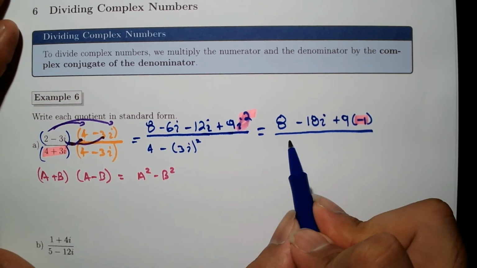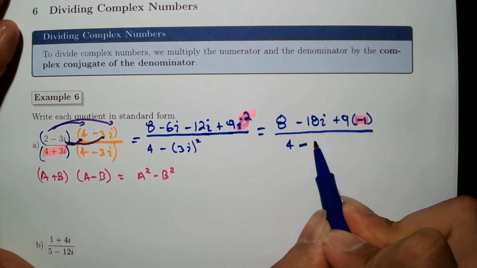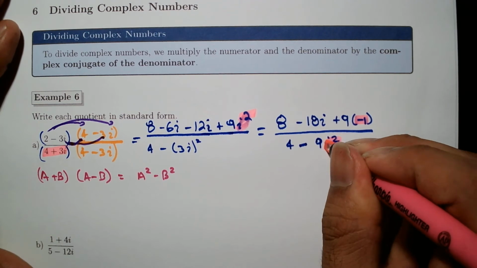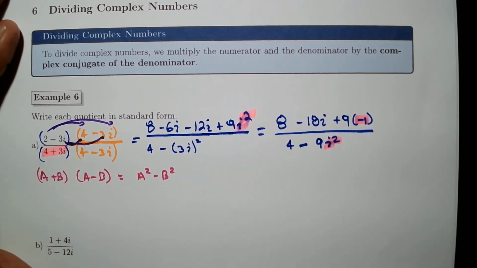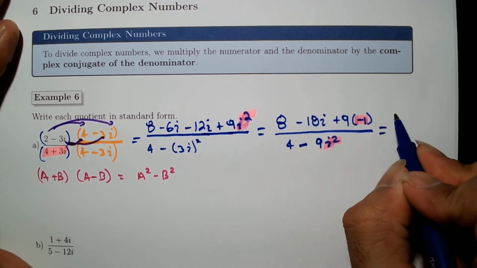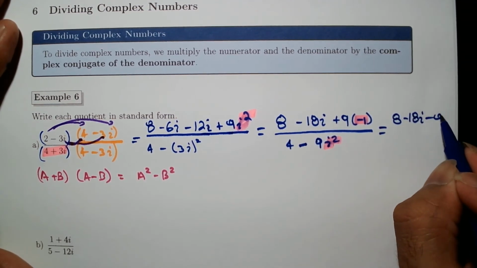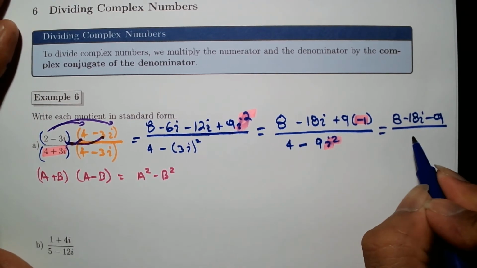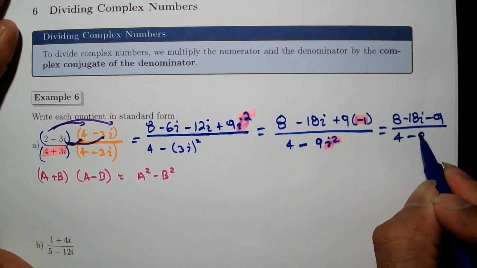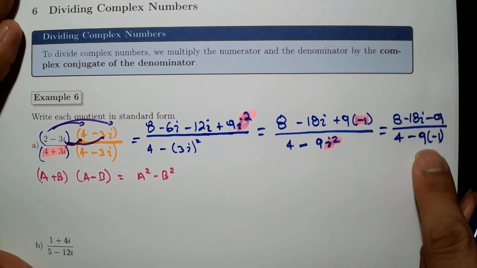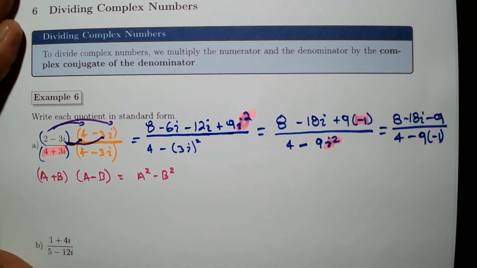And then this is going to be 4 minus 9i squared as well. But again, what is i squared? So this will be 8 minus 18i minus 9 divided by 4 minus 9 times negative 1, which will turn into a plus.